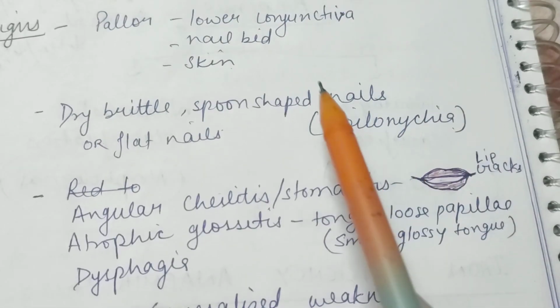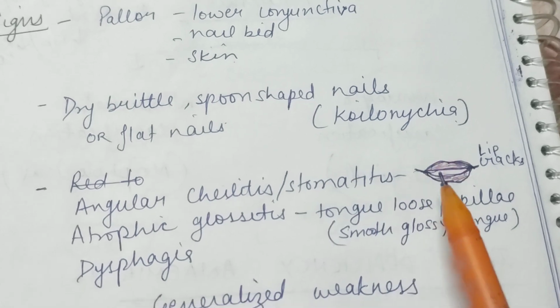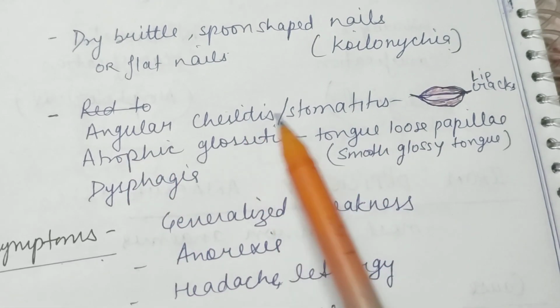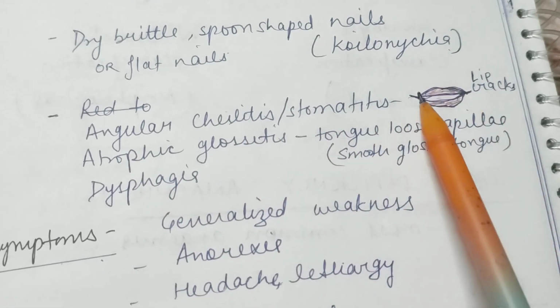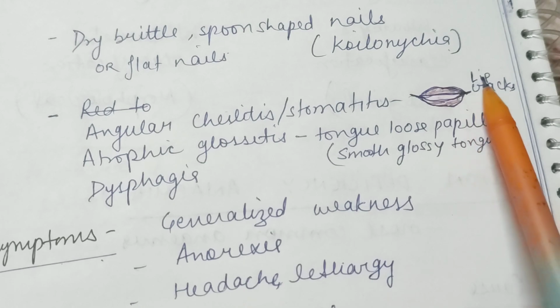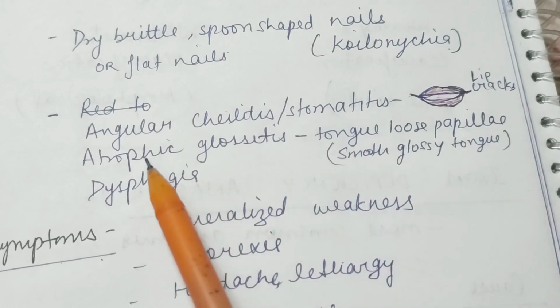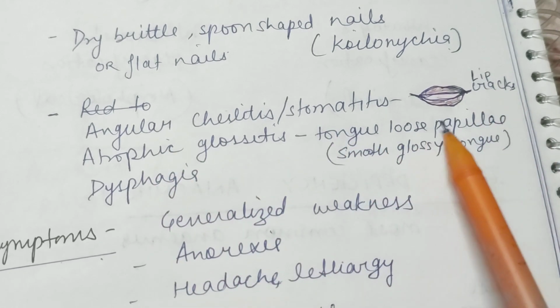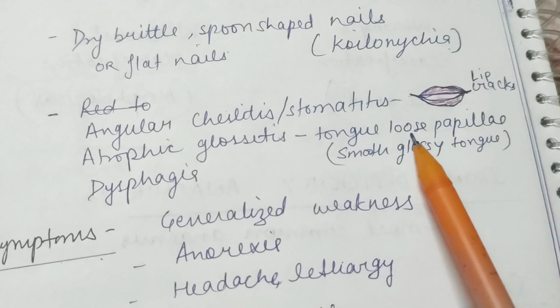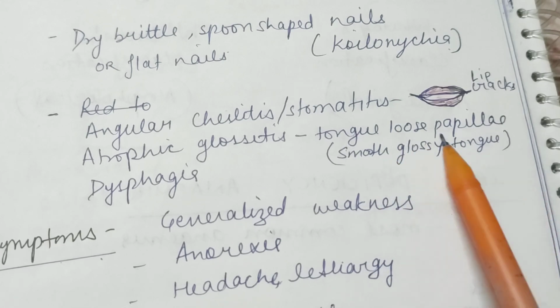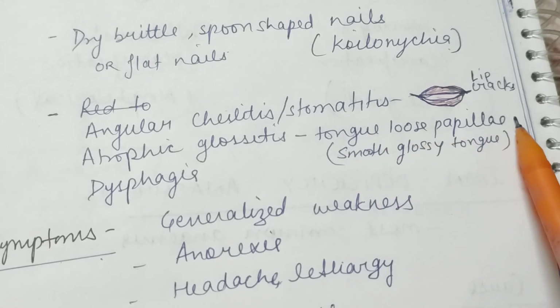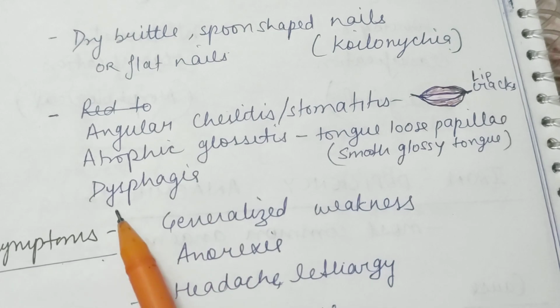So these are some typical presentations: pallor, koilonychia, and angular cheilitis or stomatitis, where lip cracks are there. At the angle you will see lip cracks, right? Atrophic glossitis, where you will see the tongue is very smooth and glossy, right? So the tongue loses papillae, because of that it's smooth.